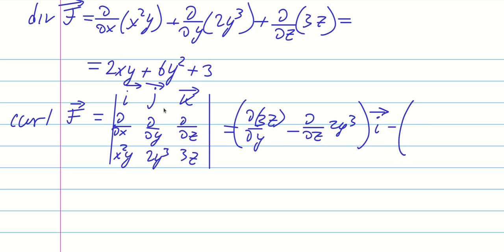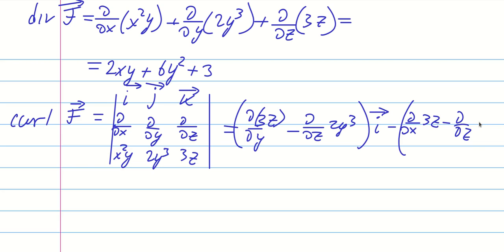Minus, and then we cross out j, so it's the partial with respect to x of 3z minus the partial with respect to z of 2y cubed.